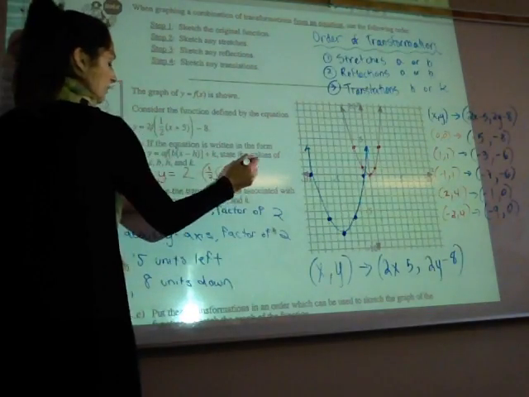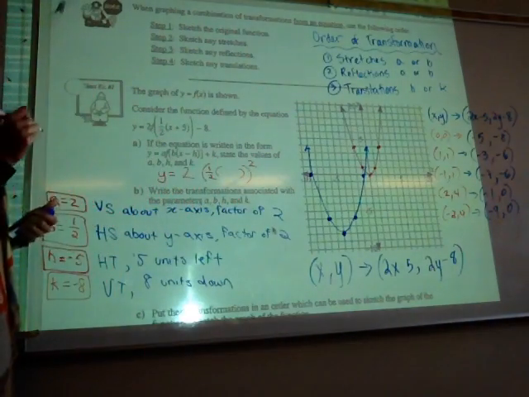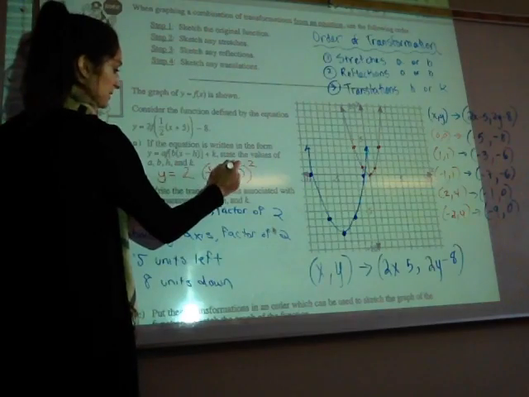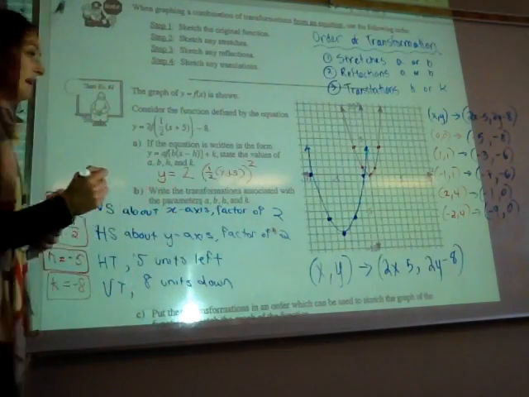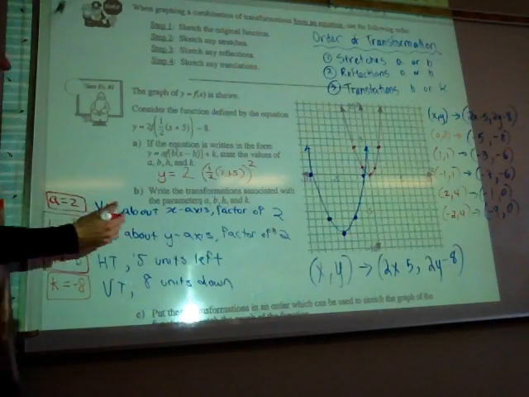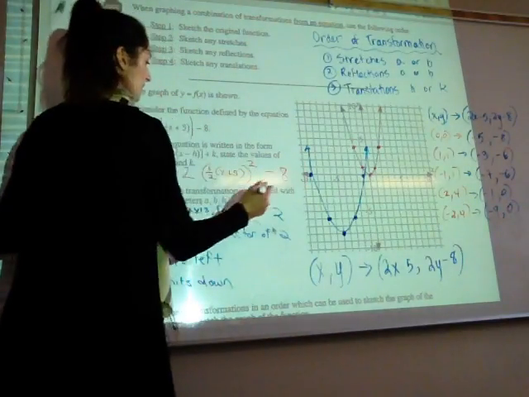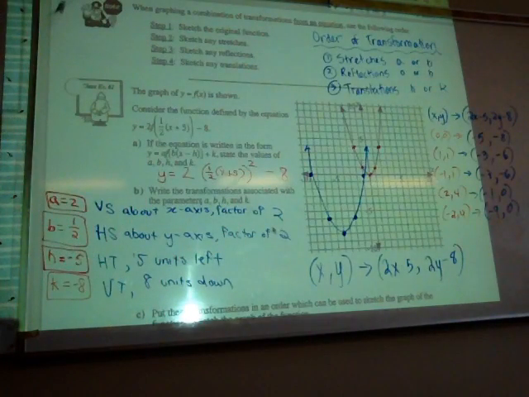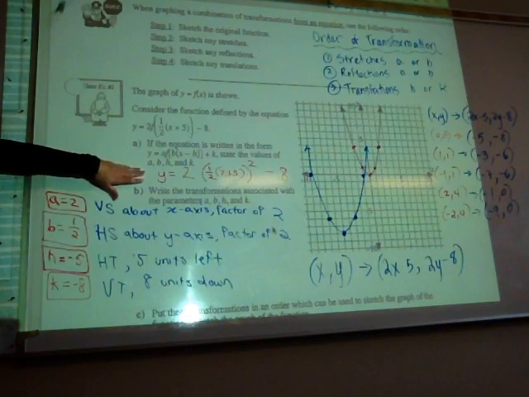And then factored away from that, we have our horizontal translation, which was x plus 5. And lastly, outside of that, we are moving down 8. Okay, so on the next page, part D, this is going to be your equation.